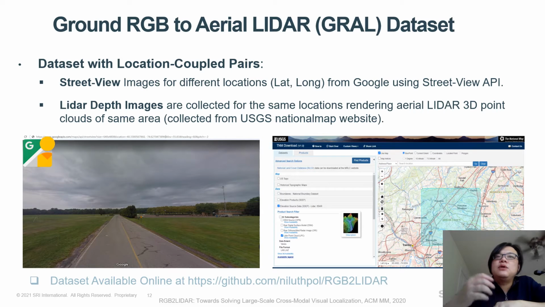And then we also downloaded the corresponding LIDAR 3D point clouds of the same area, which were collected from the USGS National Map website. All this data is available online at the link given in the slide. So this is a large-scale dataset that can be used to train and evaluate the cross-modal geolocalization problem.